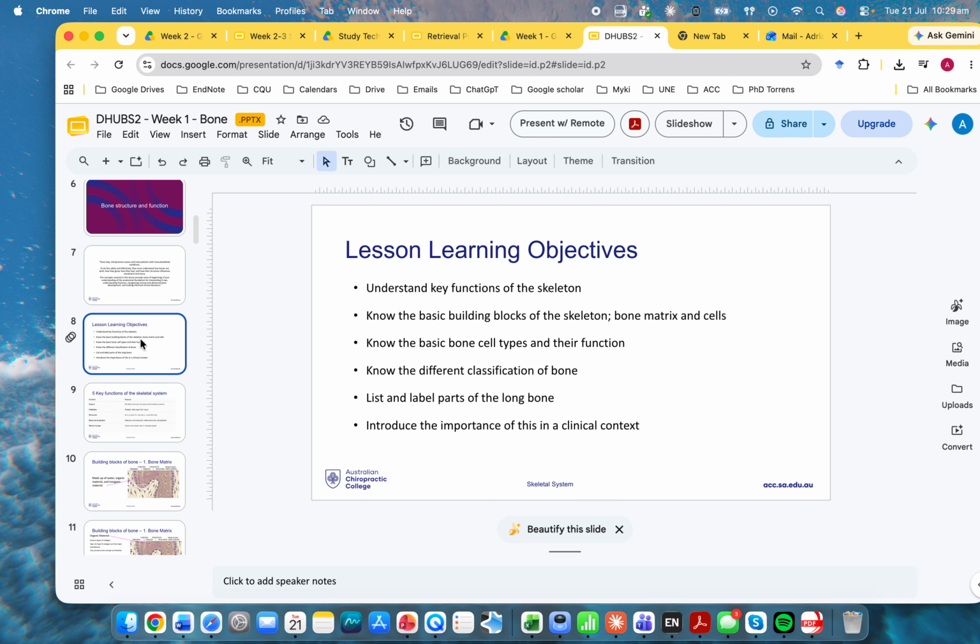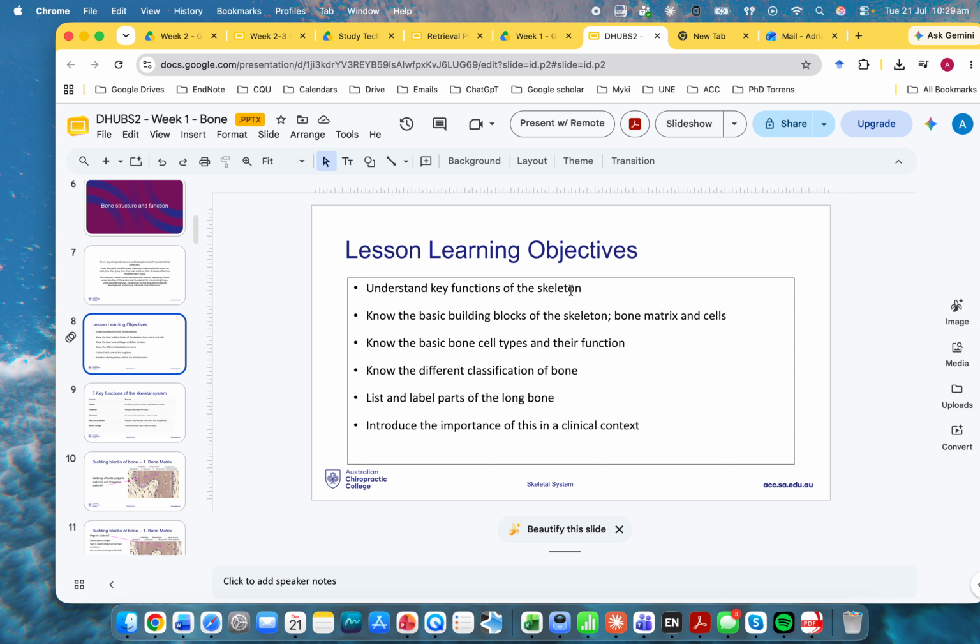And ideally, within that particular lesson, it will have the learning objectives outlined. And so they do in this particular lesson for D-Hubs 2, bone structure and function. And so what I need to know by the end of this lesson are these 5-6 points.